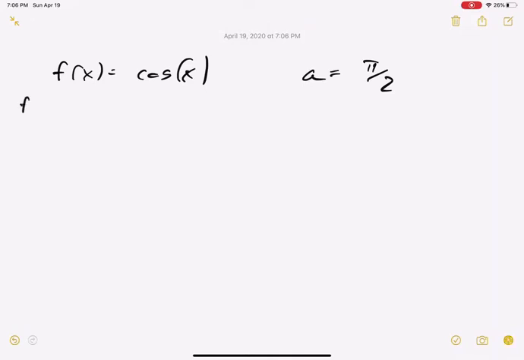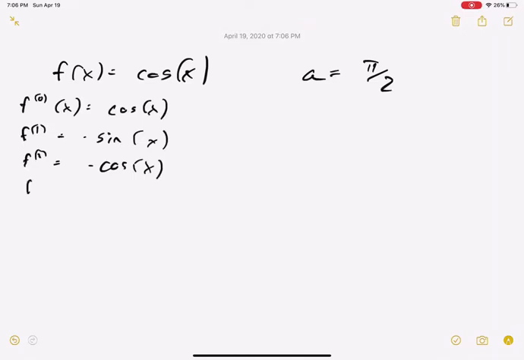Okay, f0, the 0th derivative, meaning just the function itself, that would just be cosine of x. Okay, f1, that'd be negative sine. f2, negative cosine. f3, positive sine. f4, positive cosine.